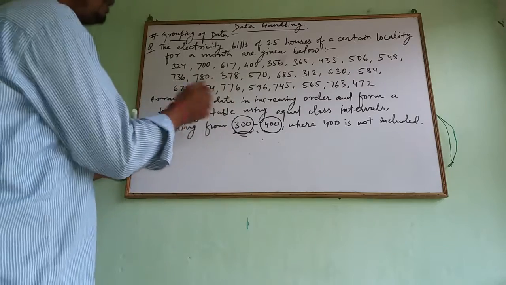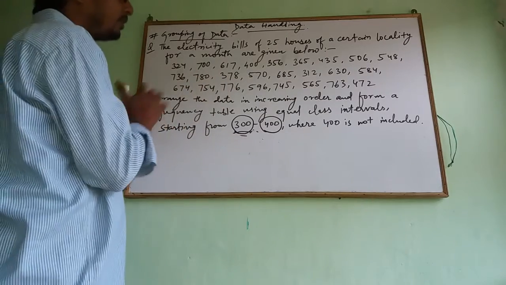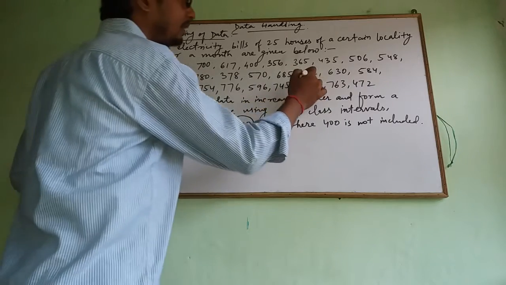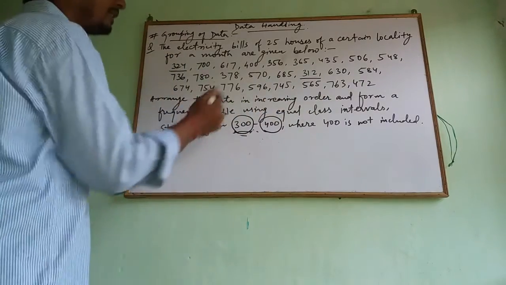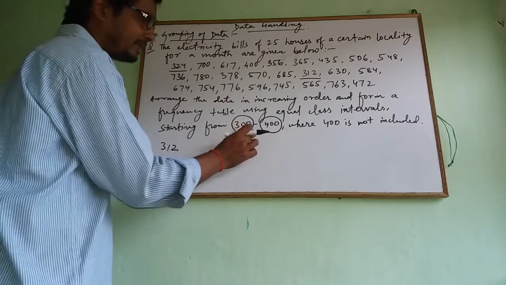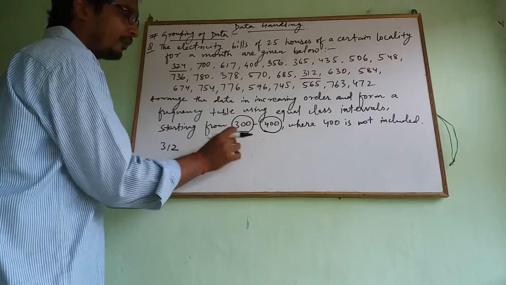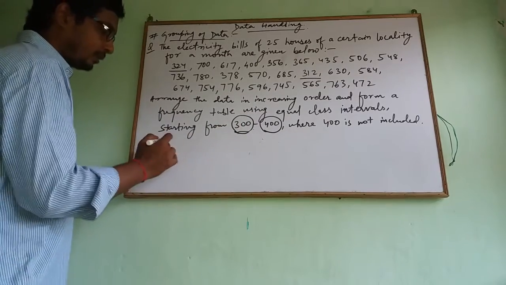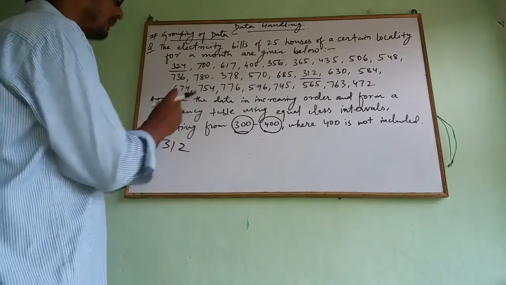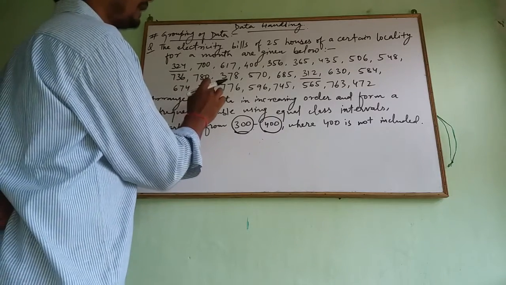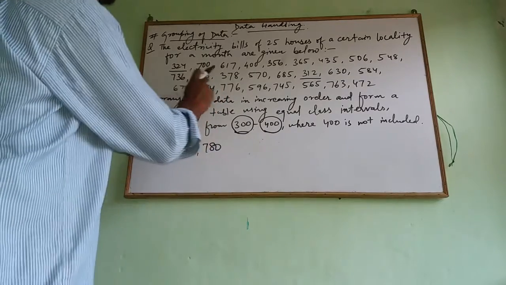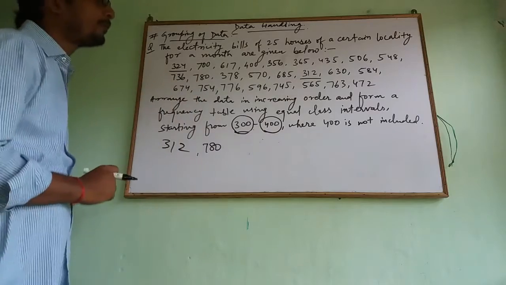Now you can see the least data given here is 312. If I start the intervals from 300 to 400, the least data is 312, and the maximum data given to me is 780.